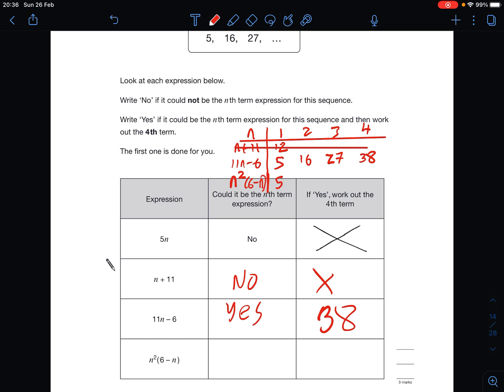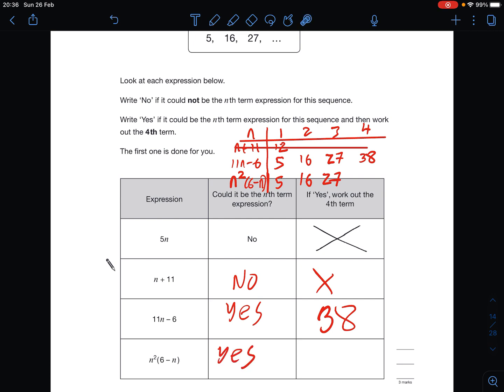Okay, for n is 2, I'm doing 2 squared times 6 take away 2. 2 squared is 4, 6 take away 2 is 4, 4 times 4 is 16. For n being 3, 3 squared is 9, 6 take away 3 is 3, 9 times 3 is 27. So yep, that works. So I can now say this works.